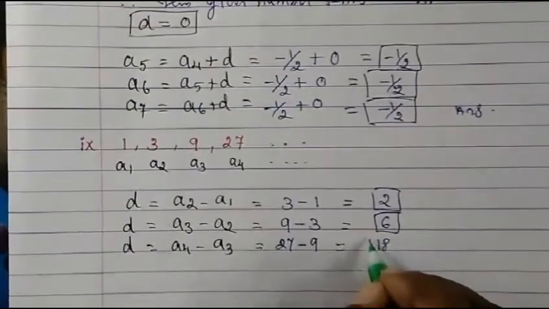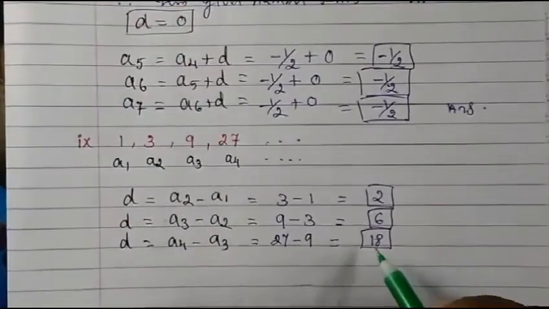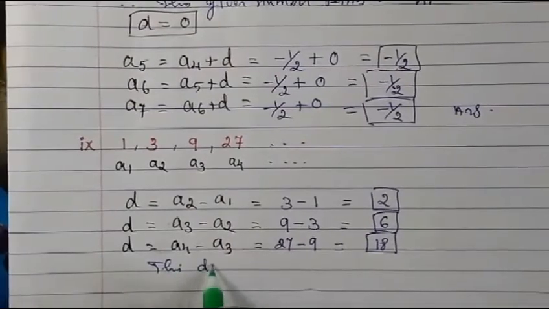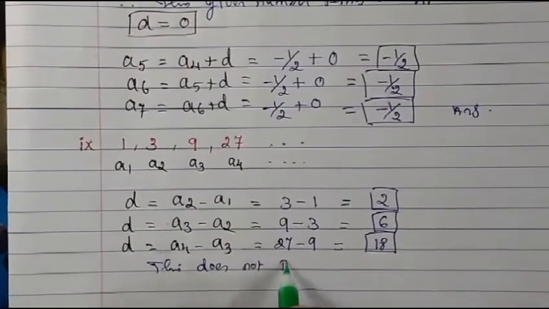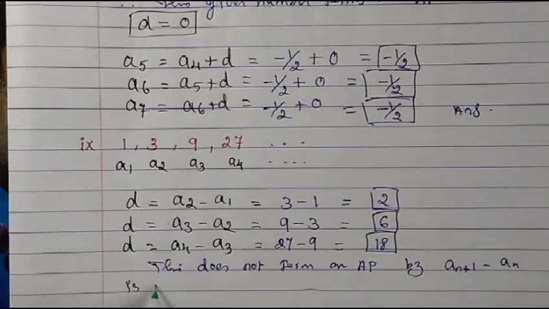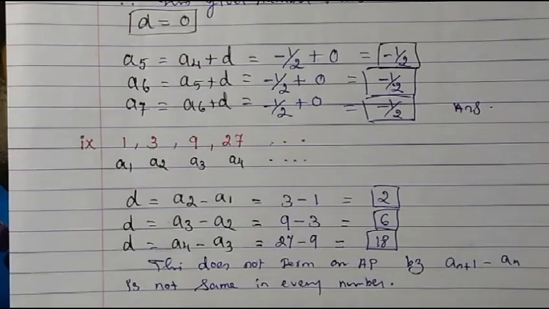You will get 18. Now you see all the D values are different. So this does not form an AP because A(n+1) minus A(n) is not the same in every case.